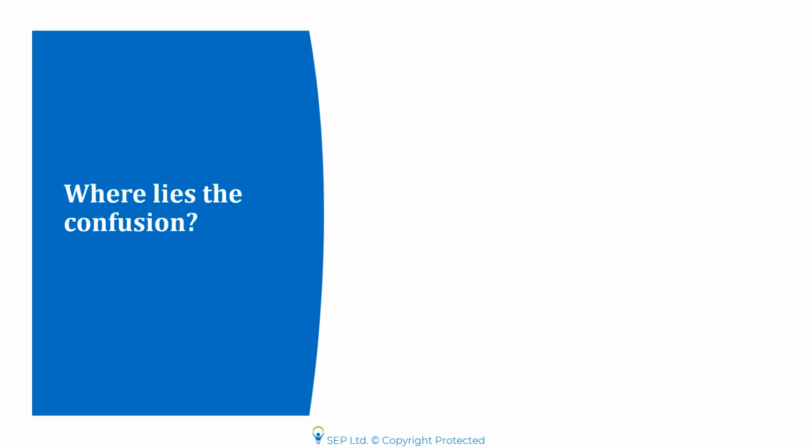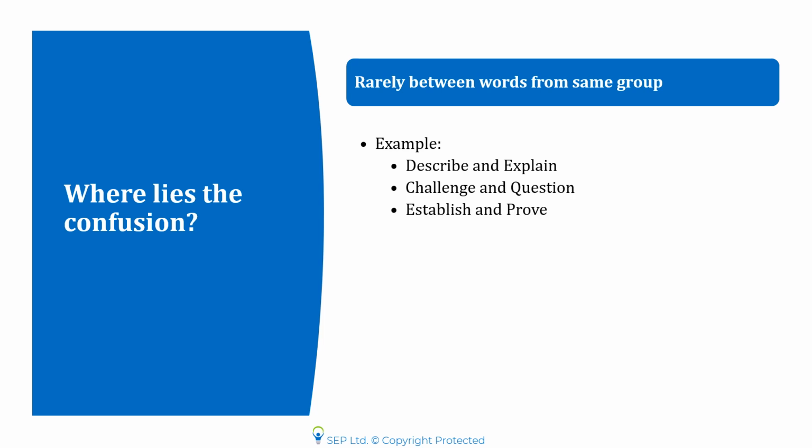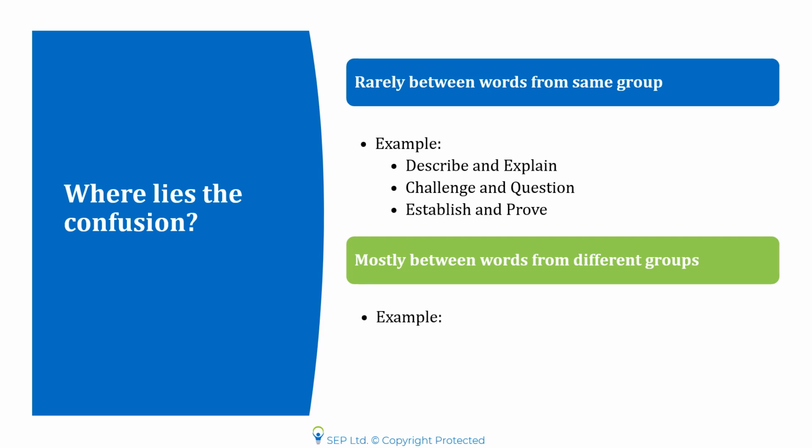As a student, we are sure you're rarely confused between words of the same group. For example, you would hardly sweat over describe and explain, or challenge and question, or establish and prove. But surely there have been times when you found yourself wondering what really was the difference between discuss and evaluate, or evaluate and challenge, or discuss and establish.